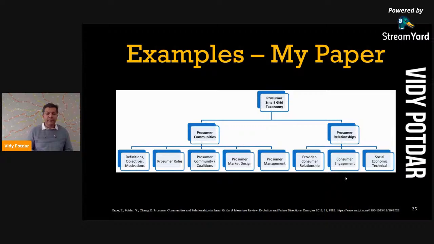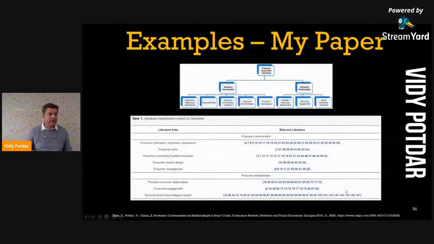And then as you read more and more papers, you will start to realize that, okay, these 2 categories are kind of similar. Let's merge them. After this iterative process, you will come up with a model or framework that you can use.